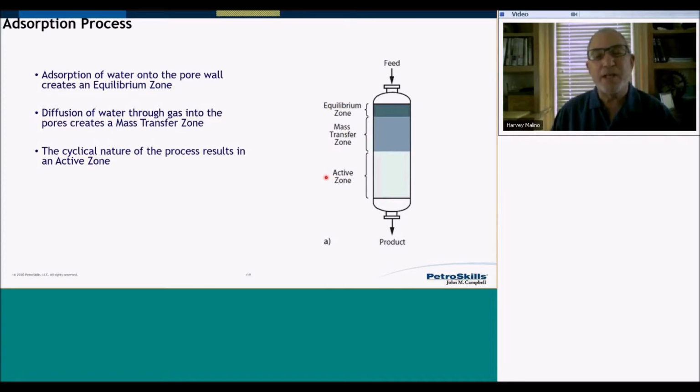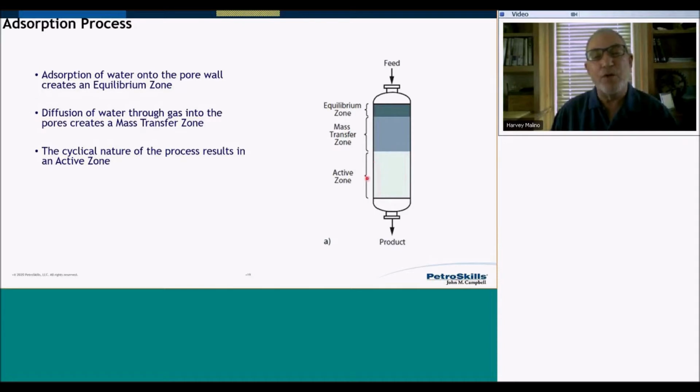As your cycle time continues, as you go from 1 hour to 3 hours to 8 hours of adsorption, your active zone is going to shrink as your equilibrium zone moves further down the bed and your hopefully stable mass transfer zone continues to move down the bed as well.